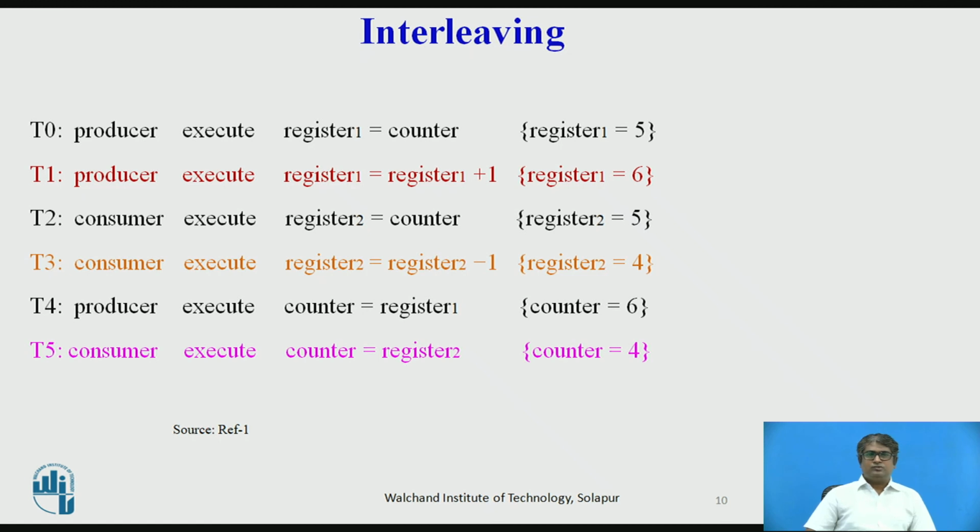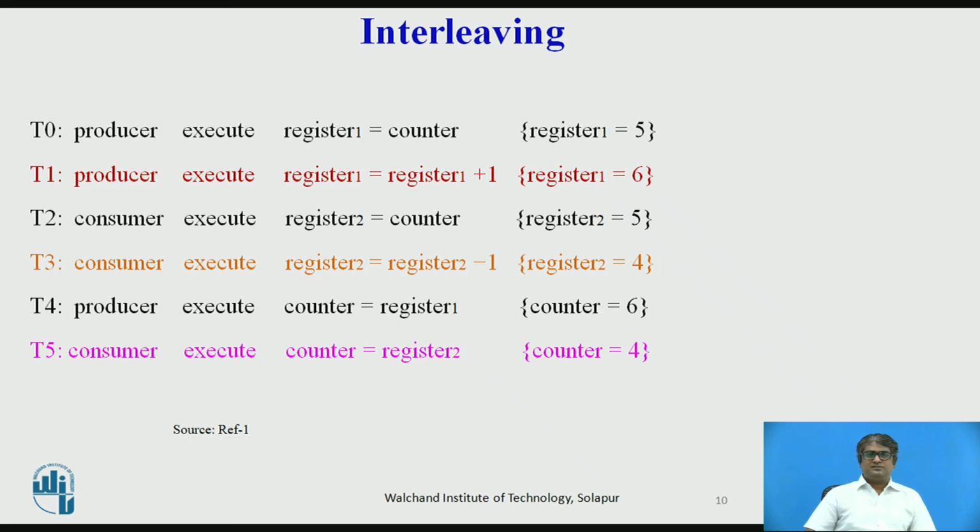The concurrent execution of counter++ and counter-- is equivalent to a sequential execution in which the lower-level statements presented previously are interleaved in some arbitrary order, as shown here in this slide. Here we arrive at this incorrect state because we allowed both processes to manipulate the variable counter concurrently.